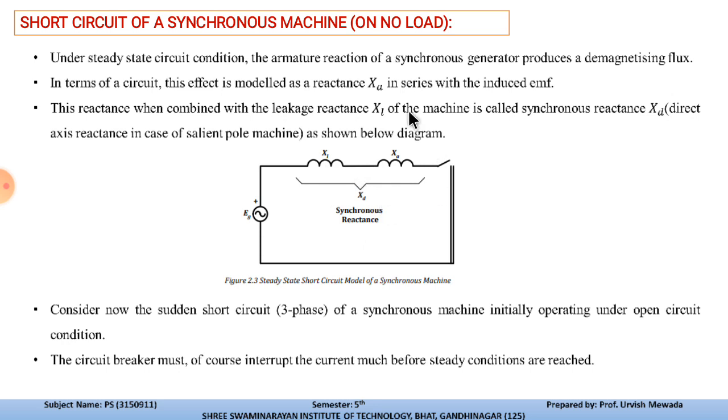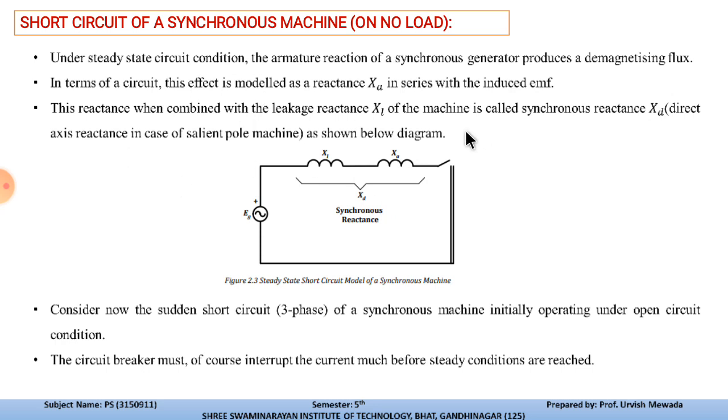In terms of a circuit, this effect is modeled as a reactance XA, the armature reactance, in series with the induced EMF. This reactance, when combined with the leakage reactance of the machine, is called the synchronous reactance or direct axis reactance.